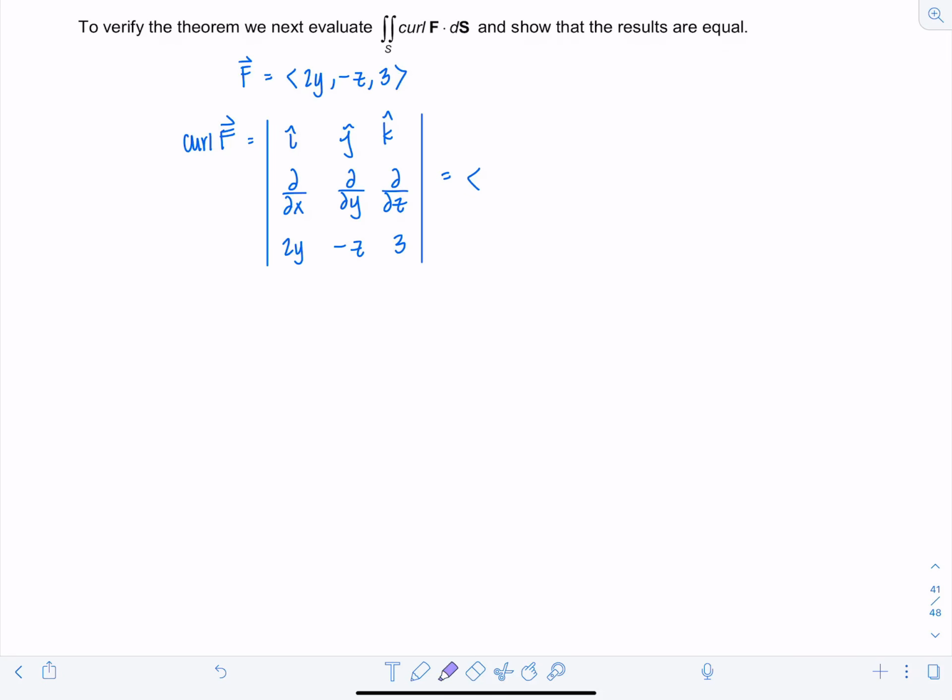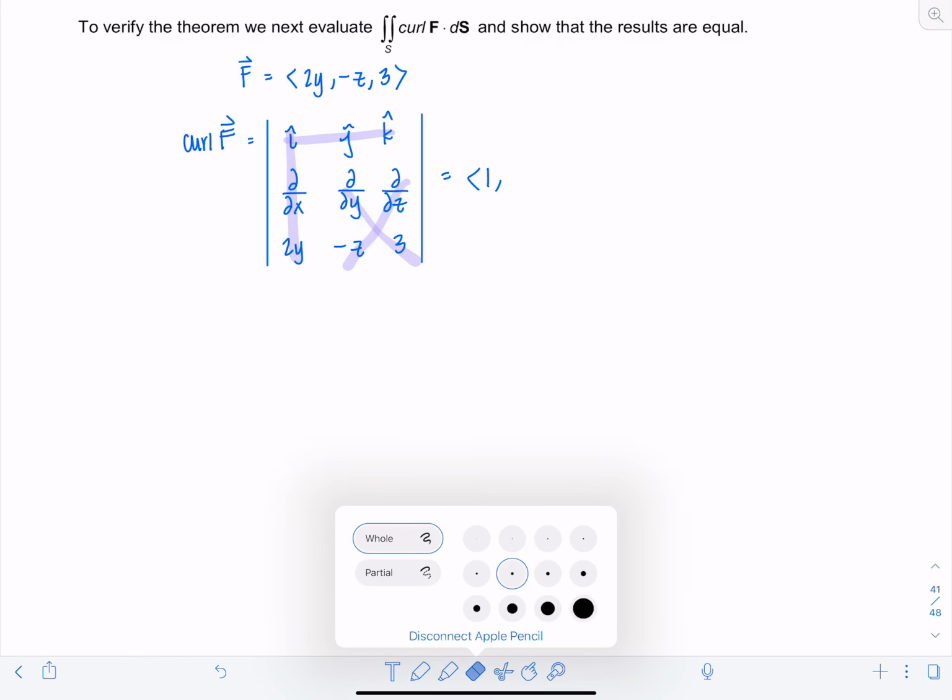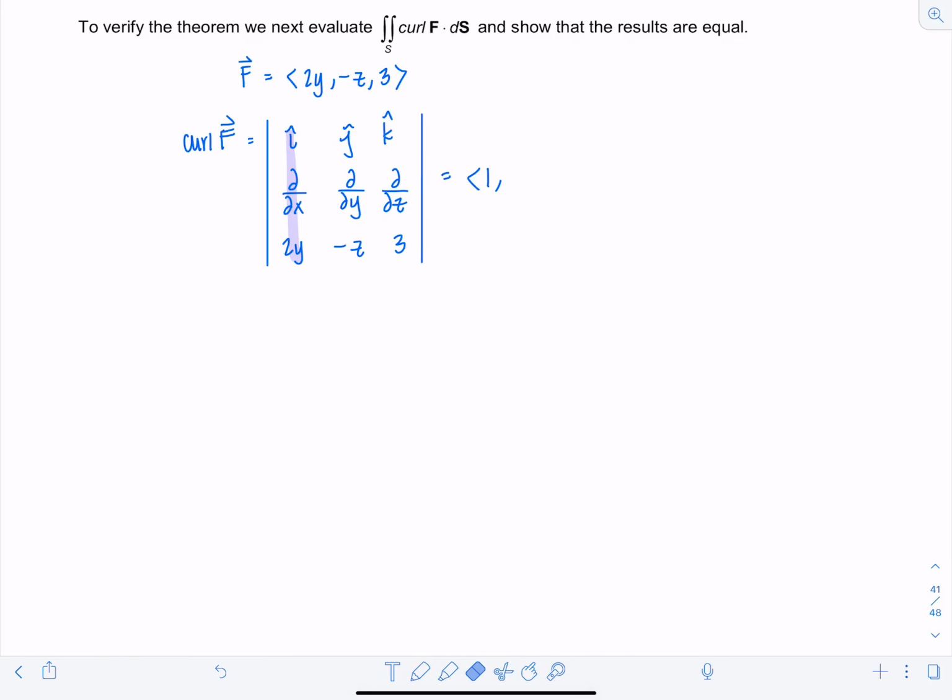And let's see, what do we have here? So partial derivative of 3 with respect to y, that's 0, minus partial derivative of negative z with respect to z, that's negative 1, which is 1. Next component, 0, 0, okay. And then the last one is negative 2.